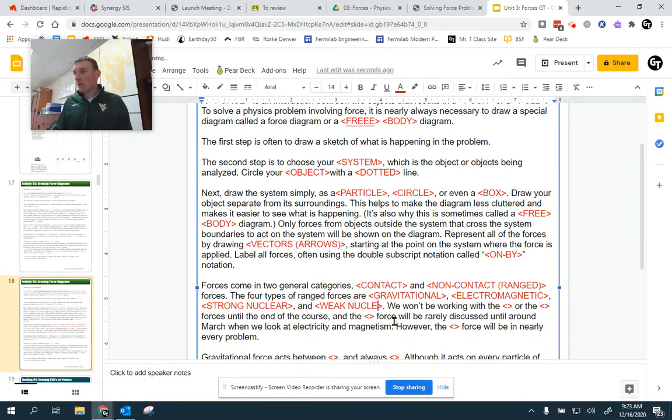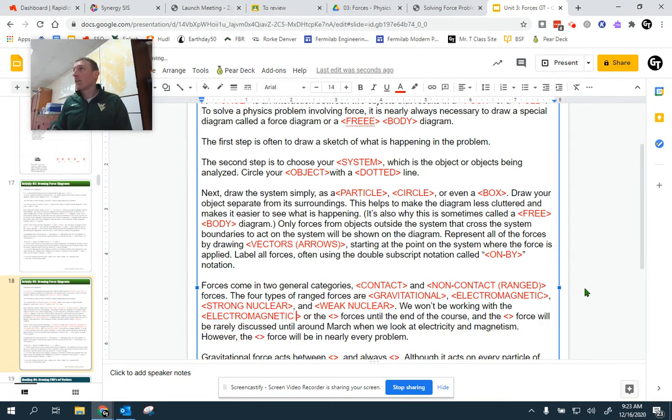Again, the nuclear forces we're not going to deal with in this class. Electromagnetic will be in electrostatics and maybe electric potential if we are able to get to those in a similar fashion this year. And gravitational is going to be present all the time. So basically, gravitational is the one that you're going to deal with all the time.